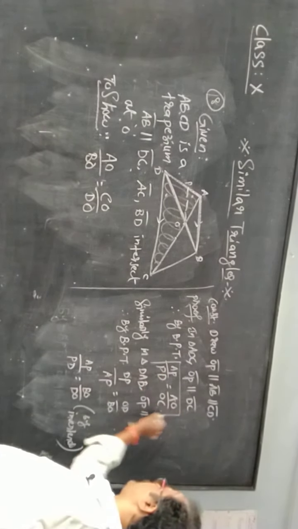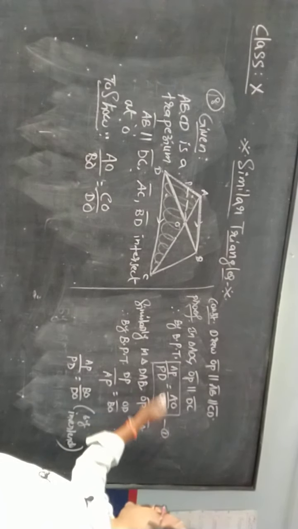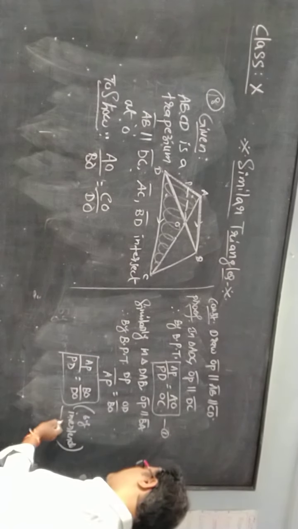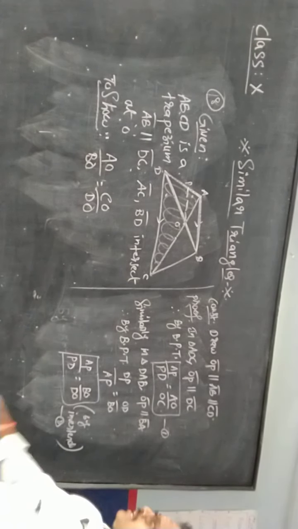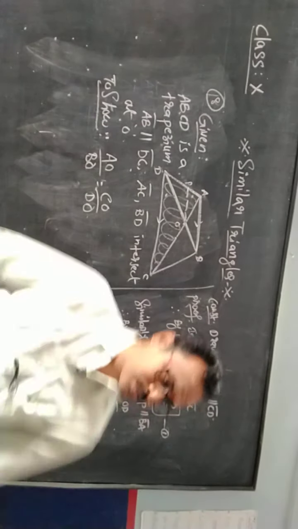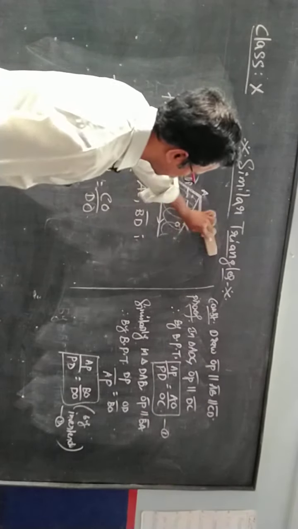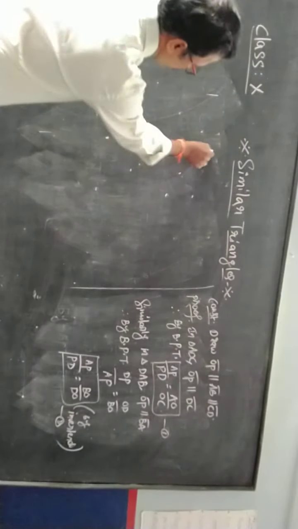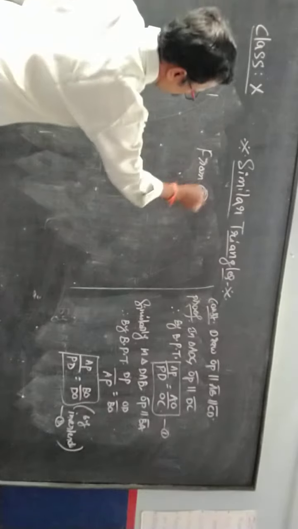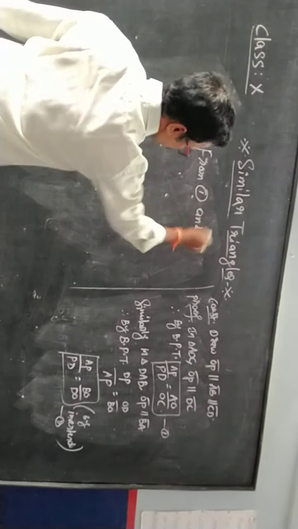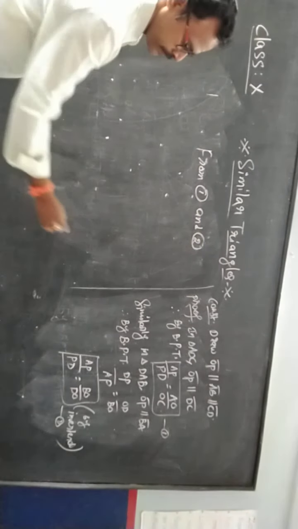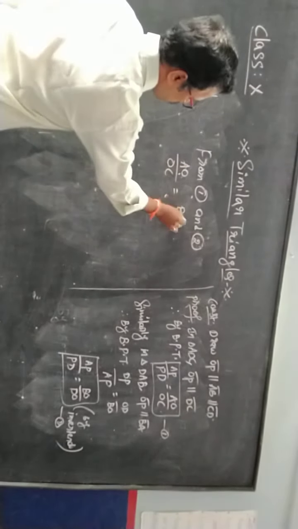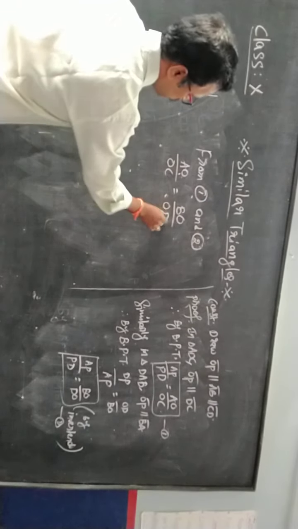Now you observe in 1 you have AP by PD is equal to AO by OC, and in 2 you have AP by PD is equal to BO by DO. Comparing 1 and 2, what can you say here? From 1 and 2, we have AO by OC is equal to BO by OD.